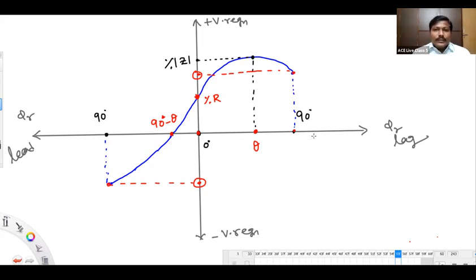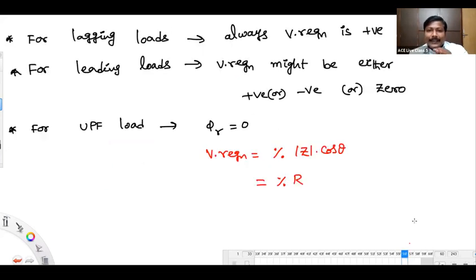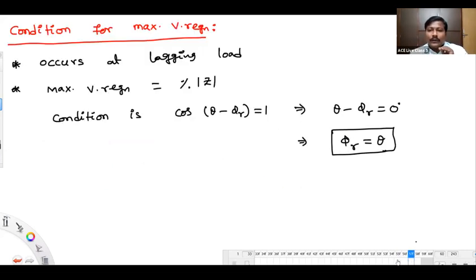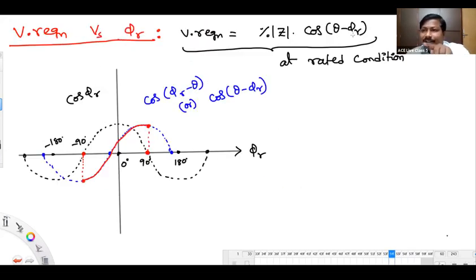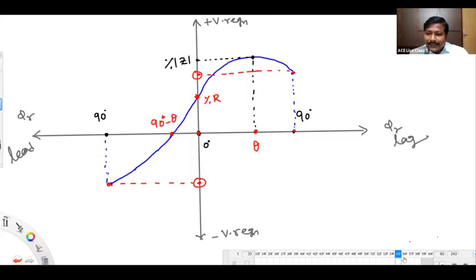For the lagging side, you keep 90 degree in the lagging side equation. Now, the lagging side equation is this, no? You keep 90 degree here. Cos of theta minus 90, so it will be cos of 90 minus theta, sin theta. Z sin theta. What do you mean by Z sin theta?